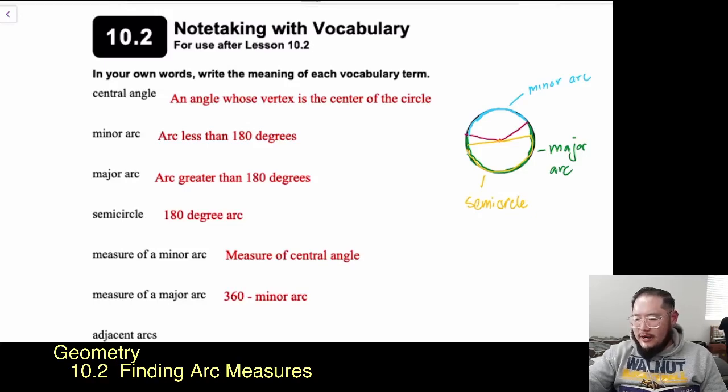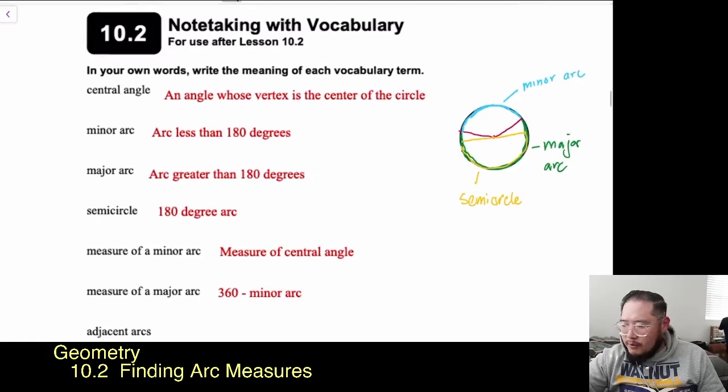So let's just say that the red arc happens to be 120 degrees, then that would be the measure of the central angle. If the minor arc was 120, that means that this central angle would be 120. They're both the same.